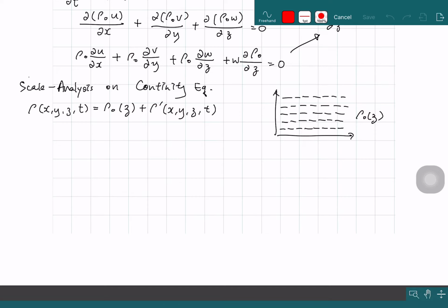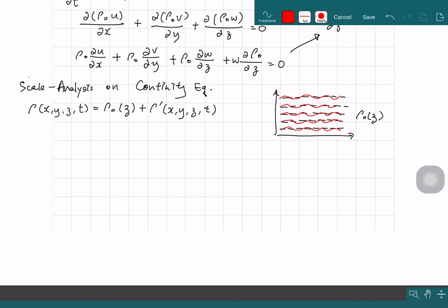So this rho naught doesn't change with time, which means that your model can only handle the rho pi in your mathematical equation.